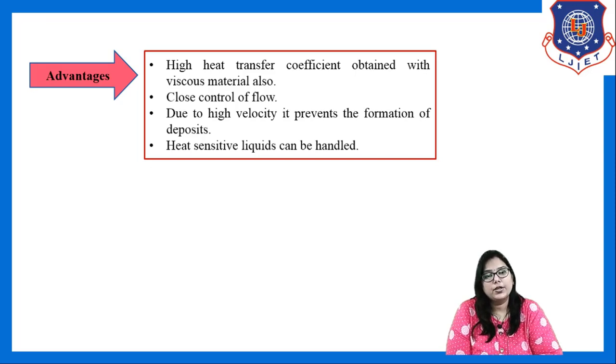In natural circulation evaporation, the chances of scale formation are more compared to forced circulation evaporation, because in forced circulation evaporation the velocity of the liquid is high. That's why, due to high velocity, it prevents the formation of deposits on heating surfaces. Another advantage is that heat sensitive liquids can be handled with forced circulation evaporation. Heat sensitive liquids cannot be handled in natural circulation evaporation.